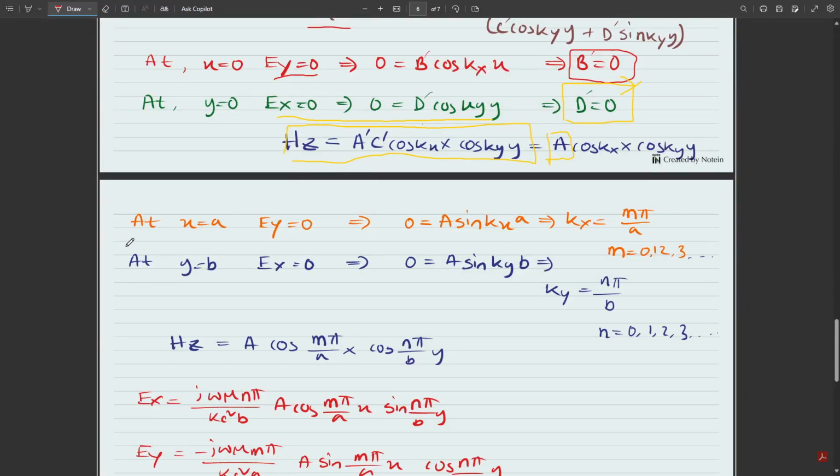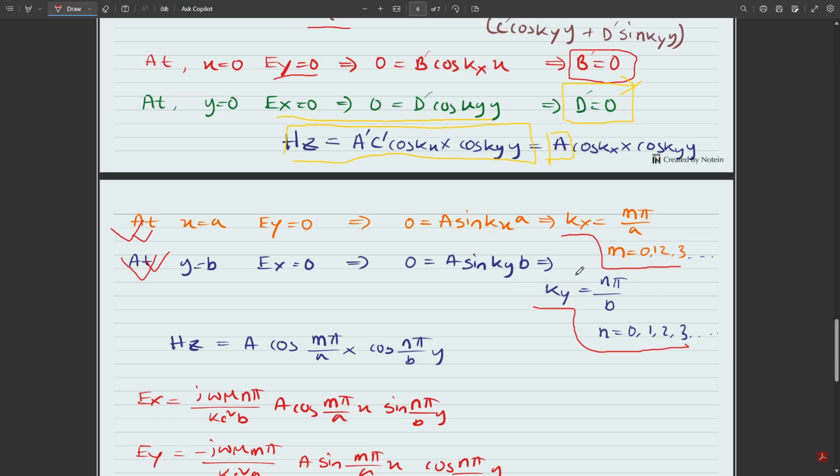So here we have given these initial conditions. When sine of something becomes 0, we can write kx a equals m pi. So from there we can write kx equals m pi by a, where m equals 0, 1, 2, 3. Similarly we can write ky equals n pi by b.